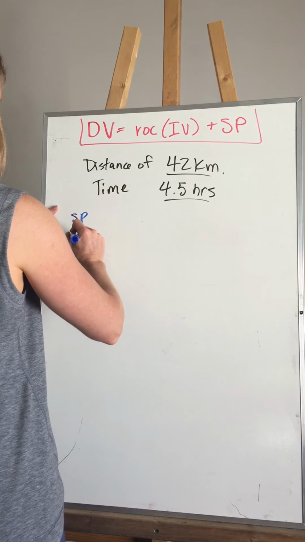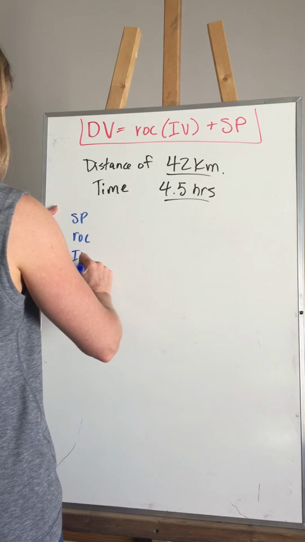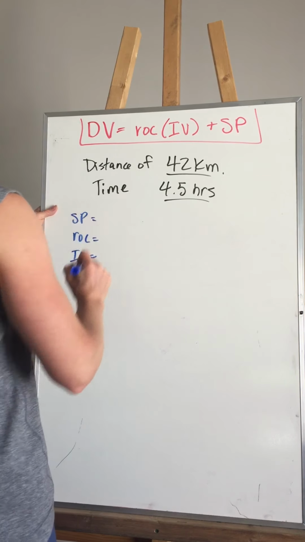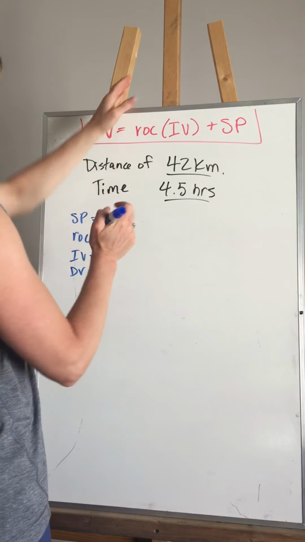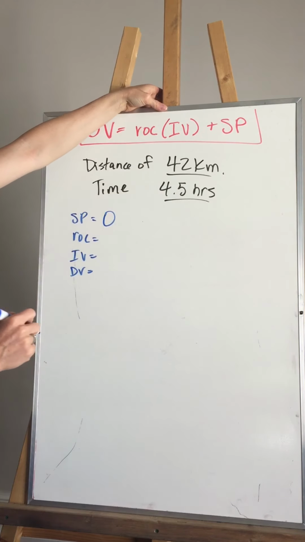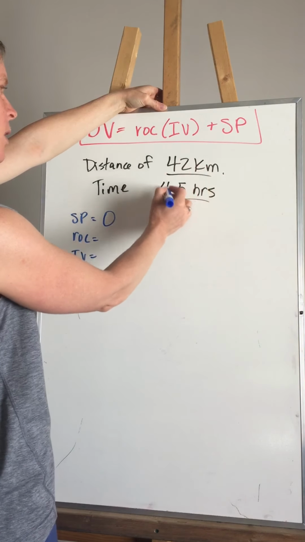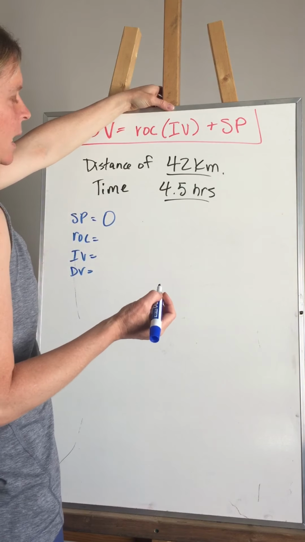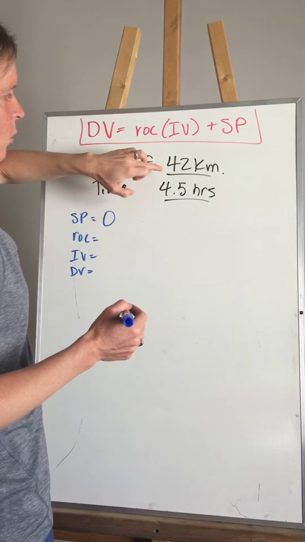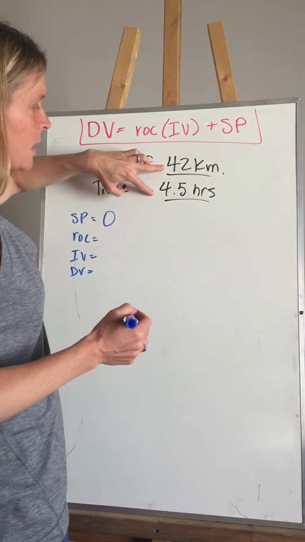We will write down the components we need to figure out: our starting point, our rate of change, our independent variable, and our dependent variable. Our starting point: when you start a race, you're going to be at distance 0, so my starting point is 0. My rate of change: I'm not given their speed, but I can calculate it because I know their total distance and how long it takes them to cover that distance.